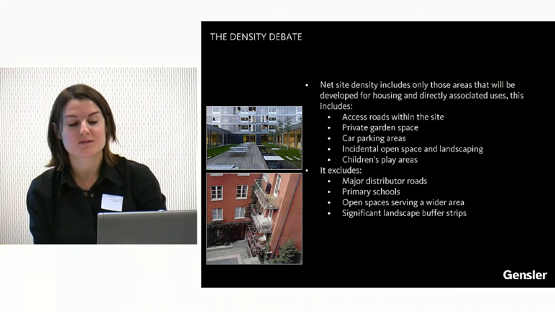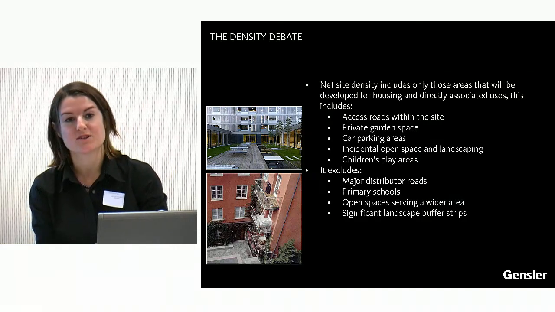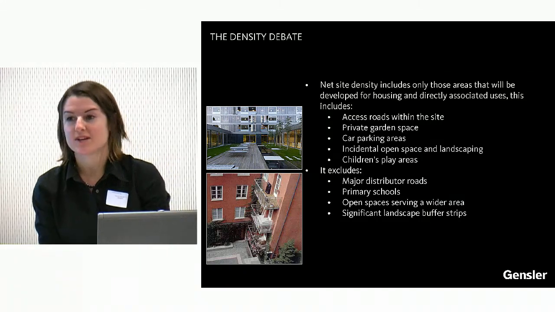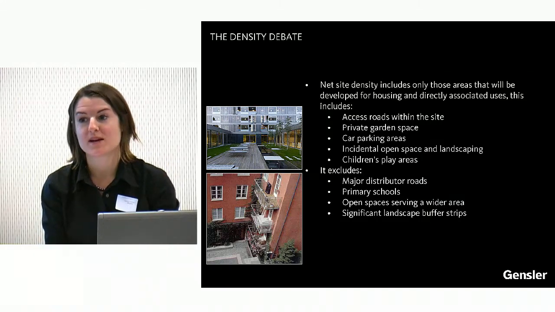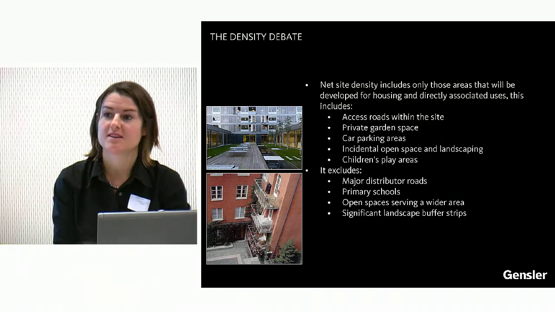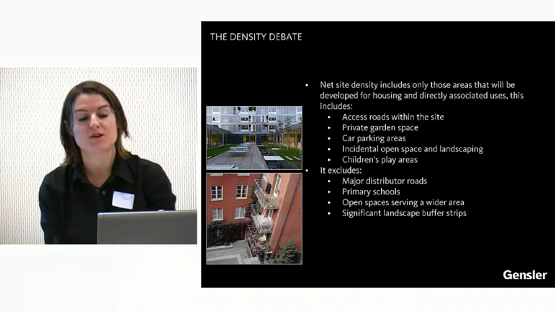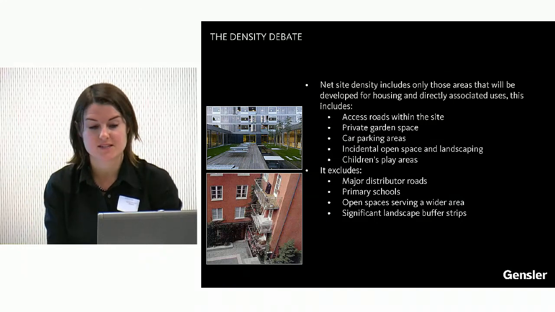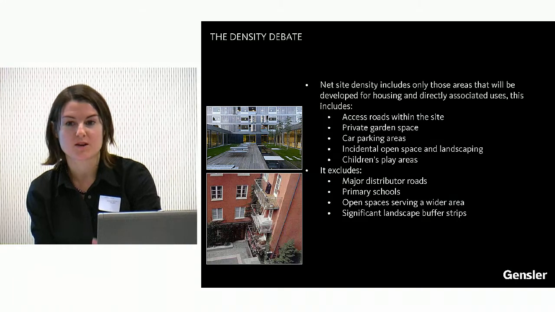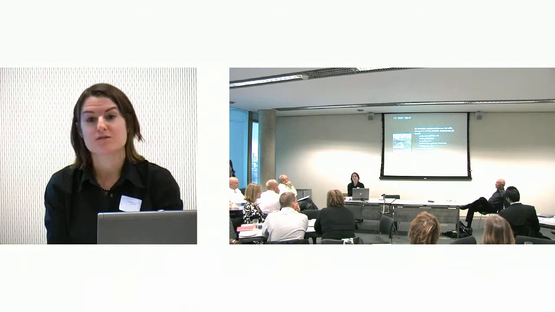And there's quite a lot of debate, certainly in the research that I've undertaken, about whether to include or exclude large open spaces. If they serve that particular development, then include them, but if they serve a wider area, exclude them, and also exclude significant landscape buffer strips where they occur, say for example along infrastructure corridors.